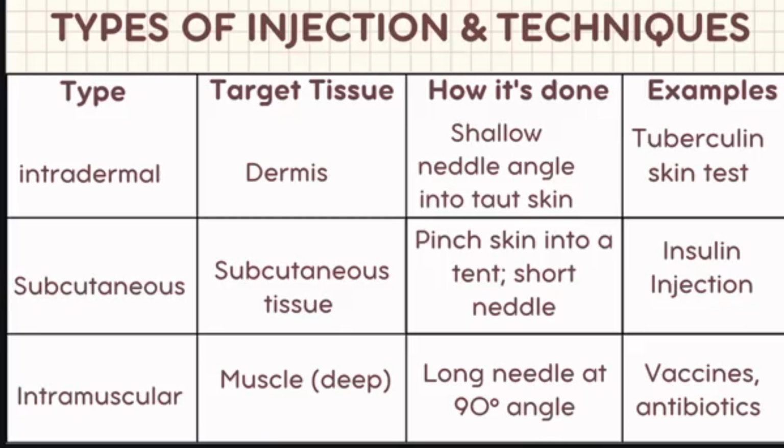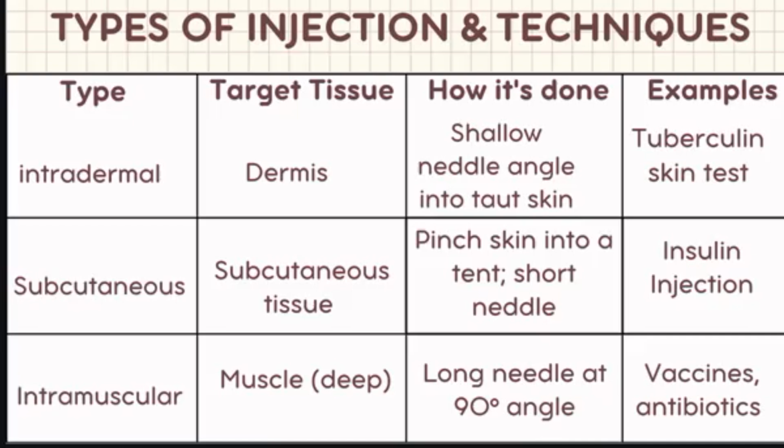Second, we have subcutaneous injection, and the target tissue is the subcutaneous tissue. The technique to perform this is the skin is pinched into a tent and a short needle is inserted. Example, it is frequently used for insulin injections, like for those who have diabetes.